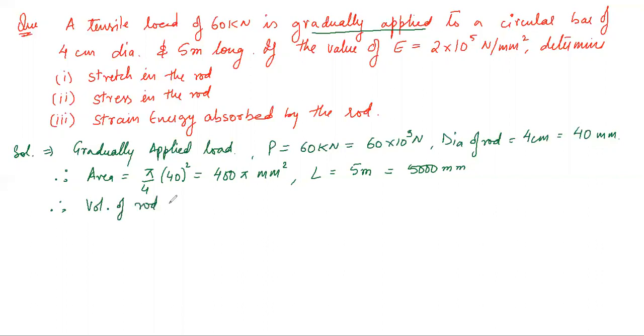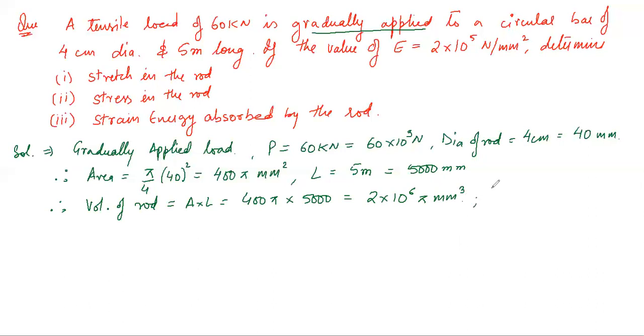When we're talking about the volume of the rod, we need area into length, that is A cross L, which is 400 pi into 5000, which equals 2 into 10 to the power 6 pi mm cube.